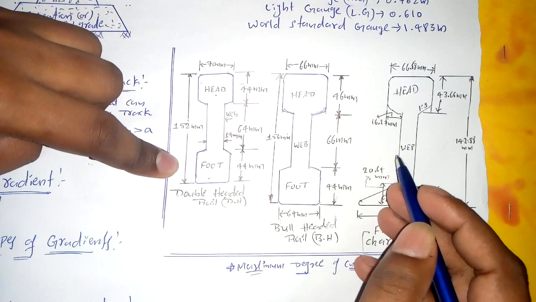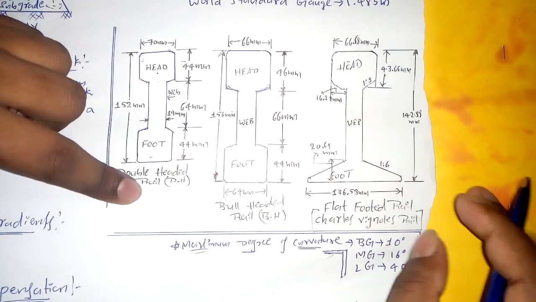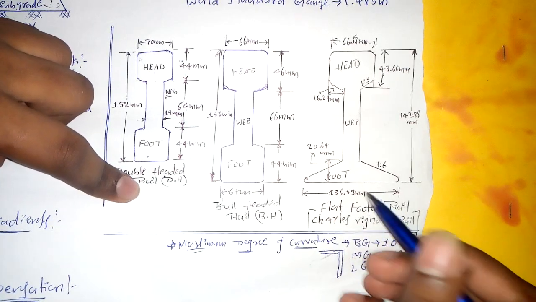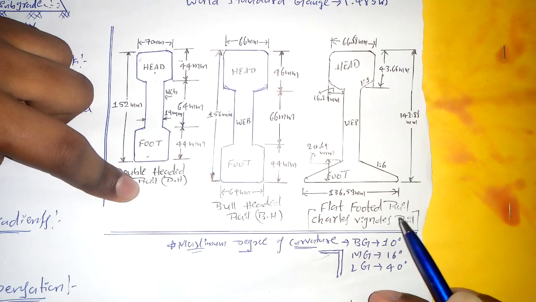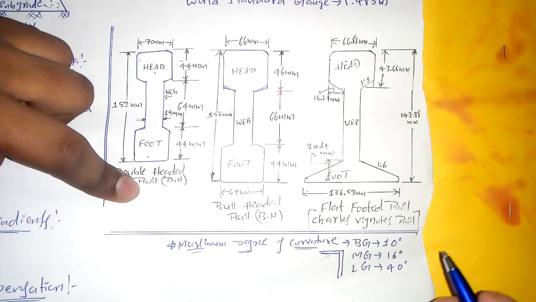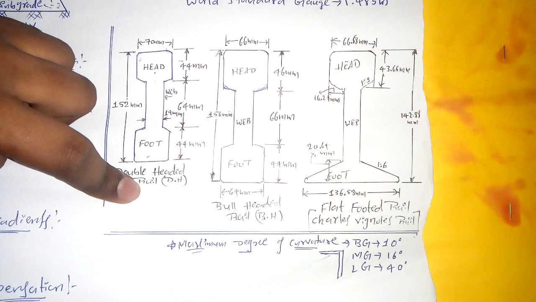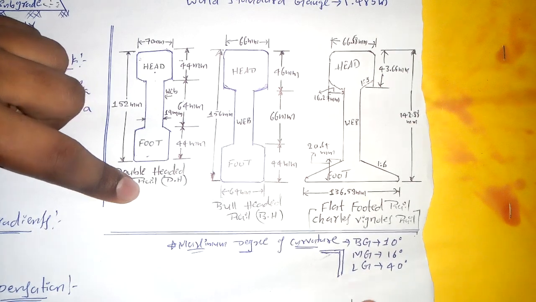The lateral stability was not achieved, so that led to another rail, which is the flat-footed rail. This rail was invented by Charles Vignol, so it is also called Vignol's rail. Now almost 90% of the rails in the world are flat-footed rails or Vignol's rails.